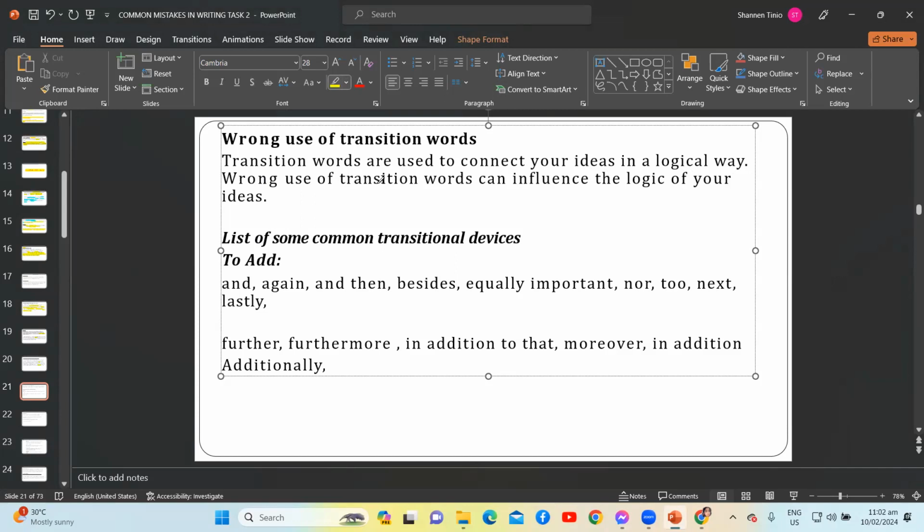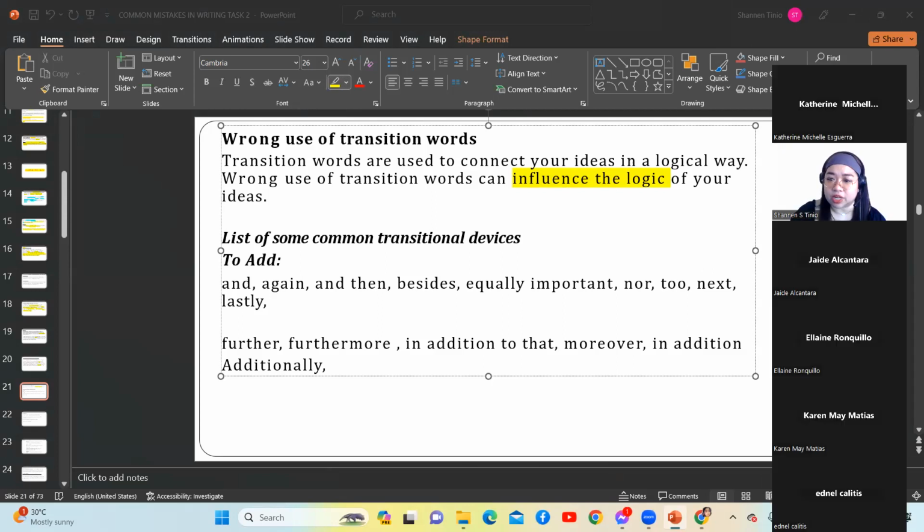Wrong use of transition words influence the logic of your ideas. True to life. Pag namali po kayo ng gamit ng transition words, maaaring ma-alter ang ibig niyo pong sabihin sa inyong sinusulat. Kaya naman, transition words are highly important.